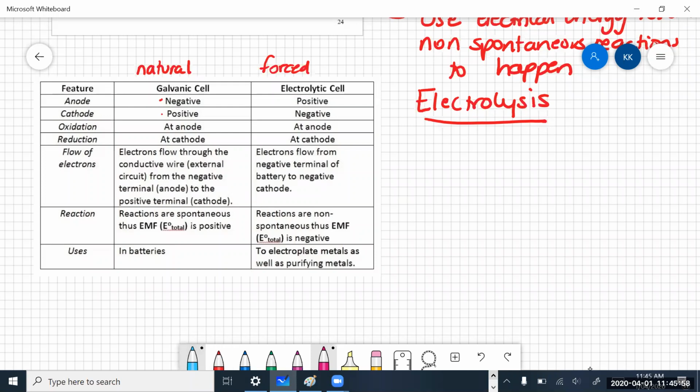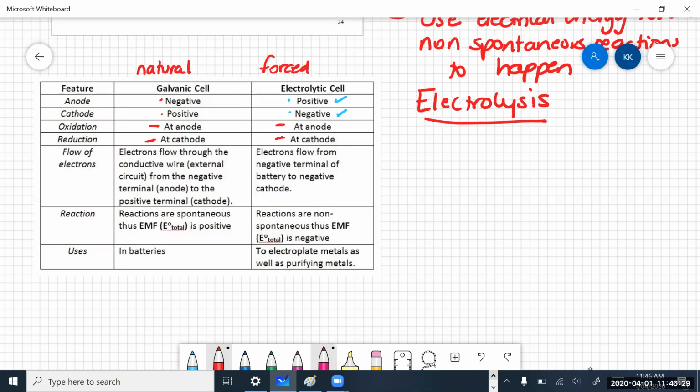In the electrolytic cell, that changes around, because we are actually controlling the direction of electron flow by connecting to the power pack. So positive terminal here, negative here. But notice, oxidation occurs at the anode and reduction at the cathode in both of them. No difference there.